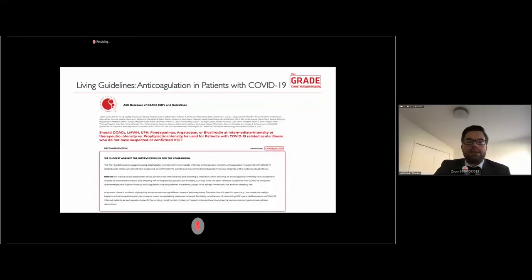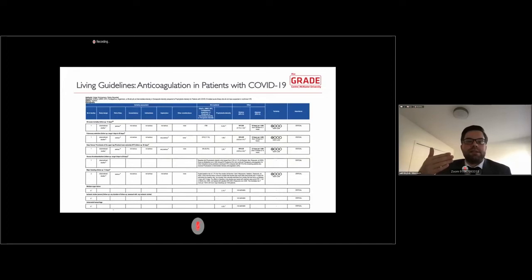The guideline recommendations were released online for a public comment period and made available prior to the peer-reviewed publication, including the full evidence synthesis and summary of the findings from the living systematic reviews.